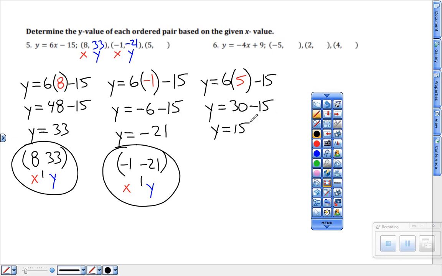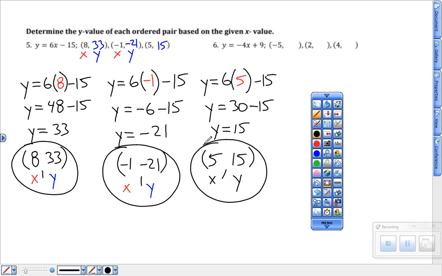So that coordinate, again, coordinates always written x and y. The x number was 5, and the y number got spit out as 15. So that pair gives you a true solution to that equation.